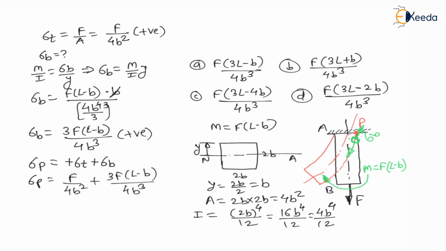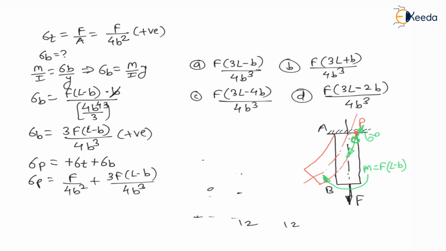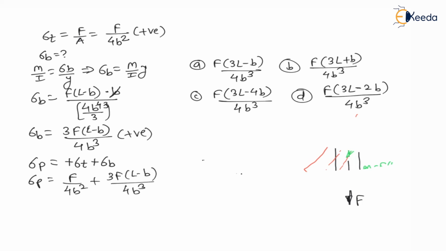Now for simplicity, we will make a common denominator. For simplicity purpose, we have to solve this accordingly, and we will get one of the choices out of the 4 options. See here how I am making the common denominator.